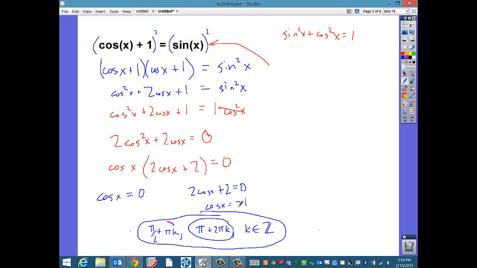So in order to determine which ones they are, we're going to have to break this one apart into its constituents. We have pi over 2, we have 3 pi over 2, and let's just throw this one as well. We have pi. In other words, what appears to be the solutions to these two, cosine is either 0 or cosine is -1.